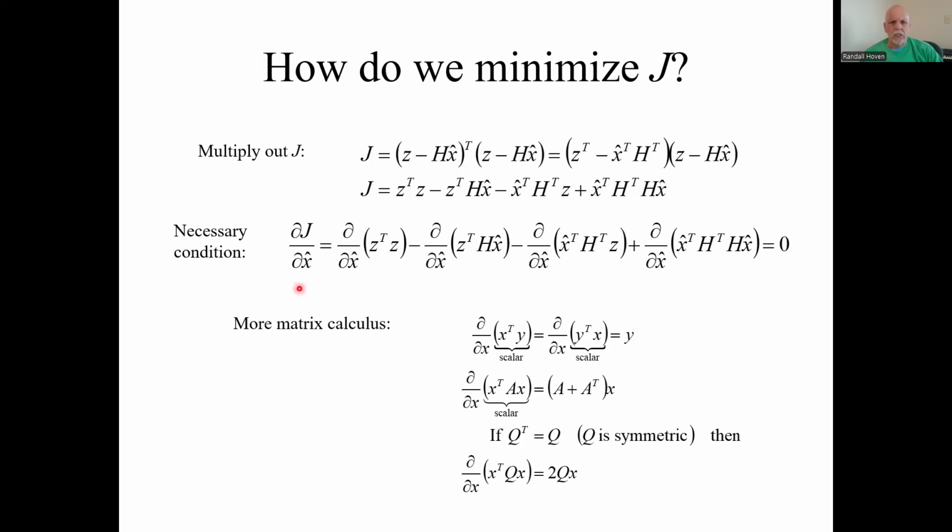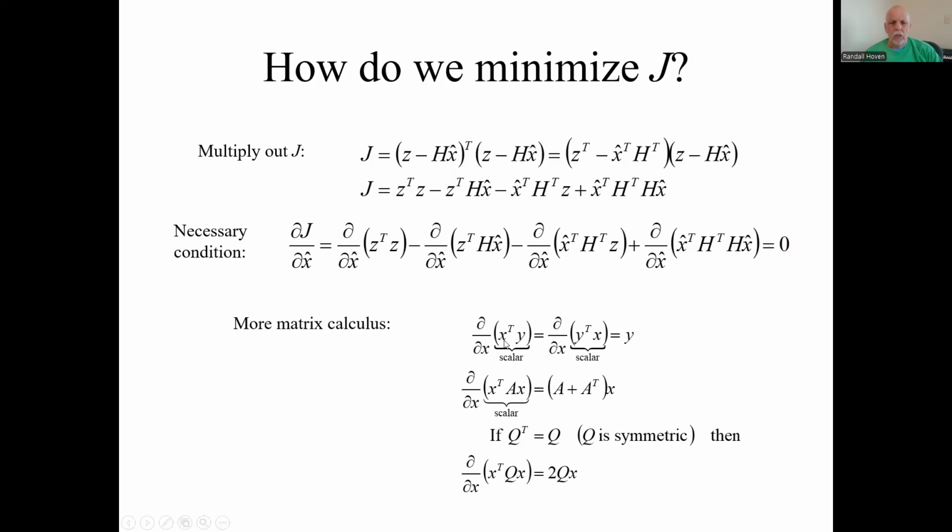For that necessary condition, we're taking the partial of J, which is a scalar function, with respect to a vector, and we want to set it to 0. So we have to take all those first partials of all these terms with respect to x and set it to 0. We need a little bit more matrix arithmetic.